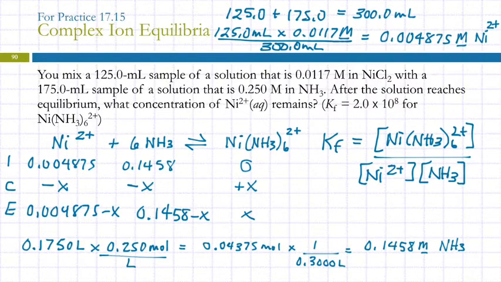To the 6th power. Wouldn't ammonia be -6x? Yes, thank you. Yes, it's -6x, right? Because there's a 6 here.